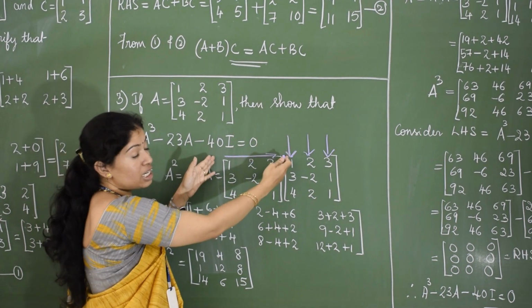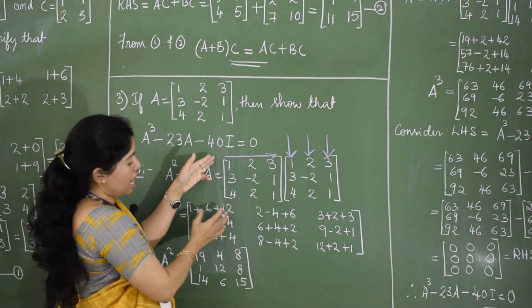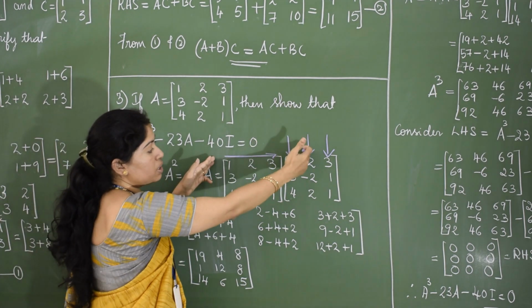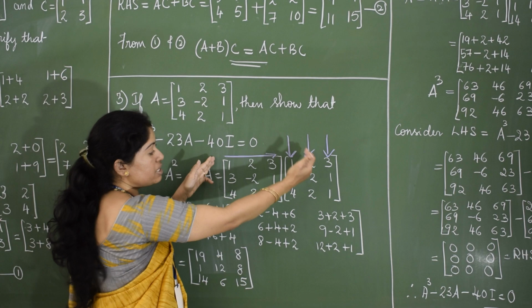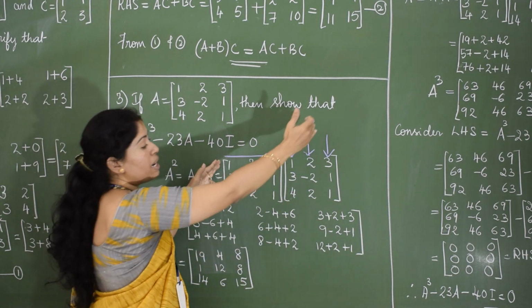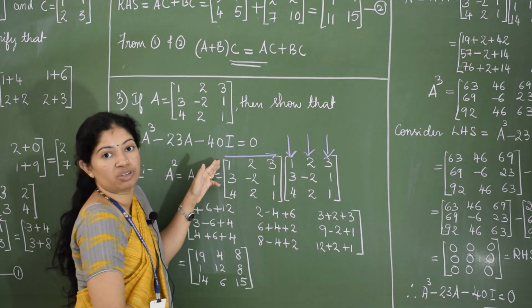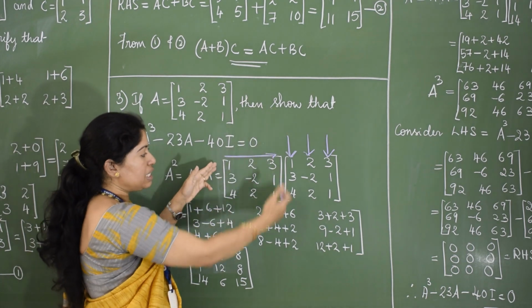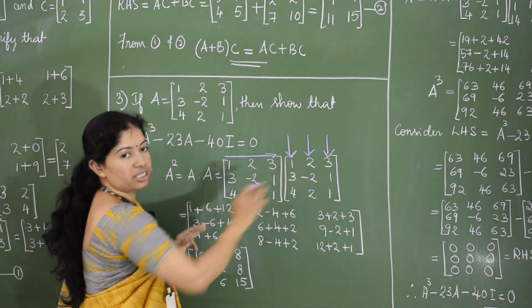Then we multiplied the corresponding elements of the first column and we wrote here. Next again first row multiplied with the corresponding elements of the second column and we wrote here. Then again we took first row, multiplied the corresponding elements of the third column and we wrote here. So take first row and multiply with each column and write the entries.